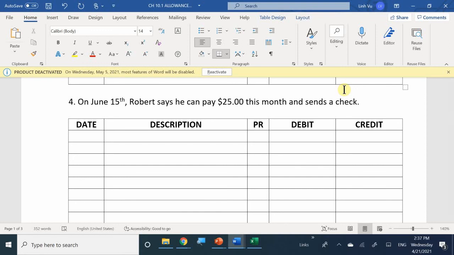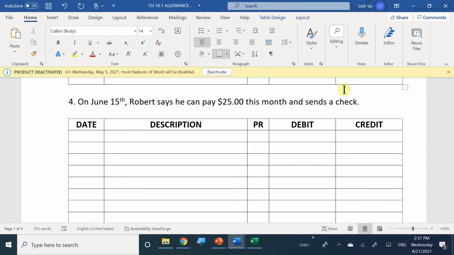This was tricky because we already wrote off whenever he didn't pay, right? Correct. Okay, wouldn't you credit the allowance for doubtful accounts, the 25? And then you would debit, well, you got a check, so checking? Would we put it back into accounts receivable? Correct. Yes, you would.